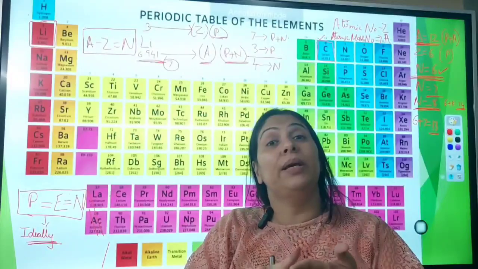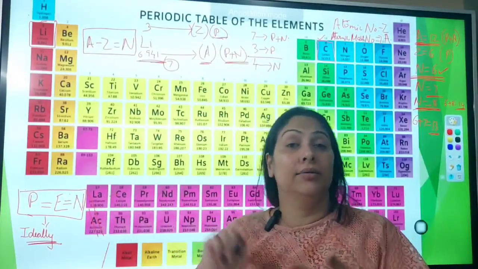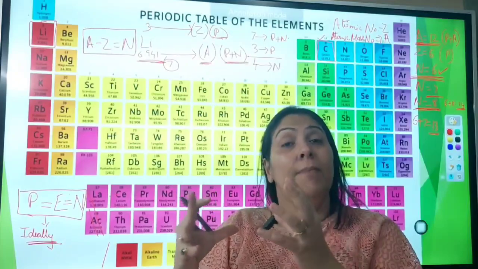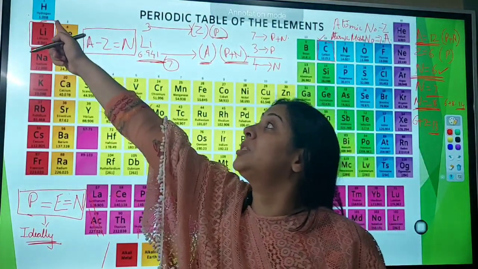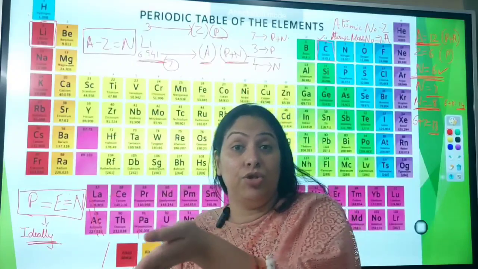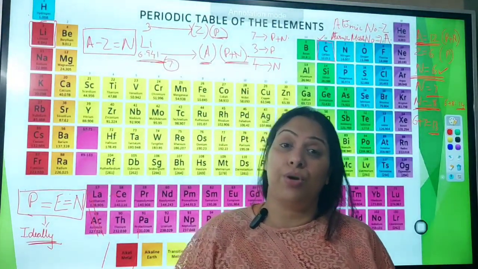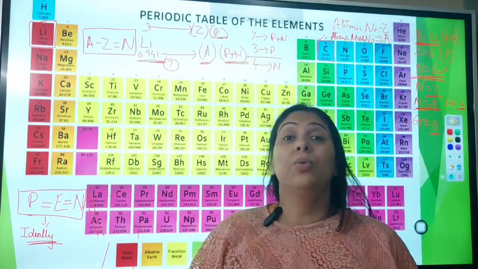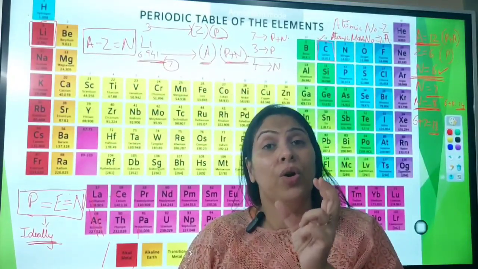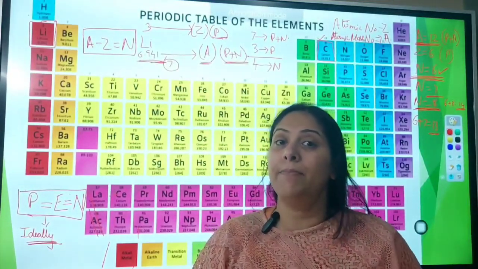So hydrogen will be depicted by the total atomic mass number. So this is hydrogen 1. We can have hydrogen 2, hydrogen 3, and so on. We call out the symbol followed by the atomic mass number.